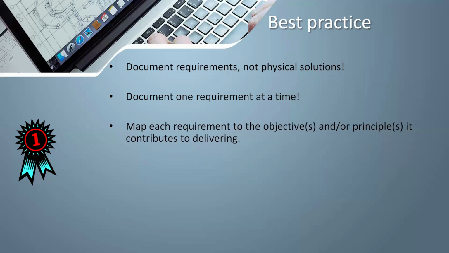Map each requirement to the business objective. We're talking about system requirements, which come at the third place. So when you talk about a system requirement, it has to be linked to the user requirement and then to the business requirement. So you have to trace it back. You always have some numbering. Business requirement B1, improve sales. B2, improve product profitability. Then you go to user requirement, U1, U2, U3, U4. Then you go to system requirement, S1, S2, S3, S4.